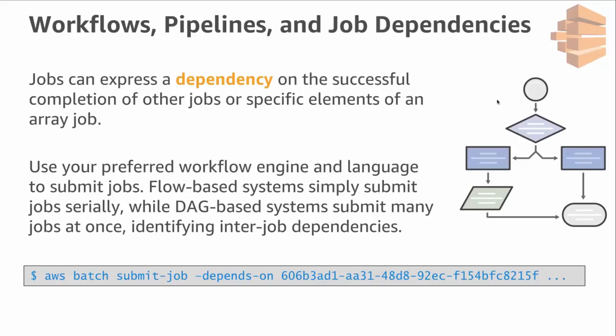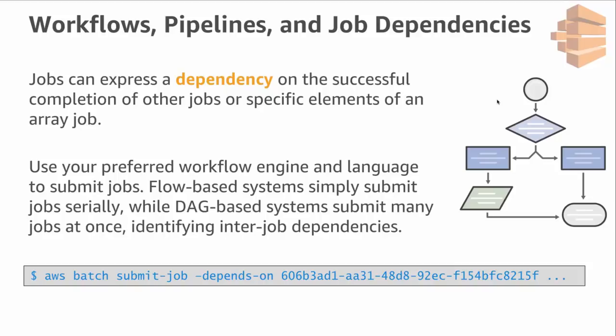So in terms of workflow, pipeline, and job dependencies, jobs can express a dependency on the successful completion of other jobs or specific elements of an array job, right? So you can use your preferred workflow engine and language to submit these jobs, and then you can allow Batch to figure it out and to execute these jobs.